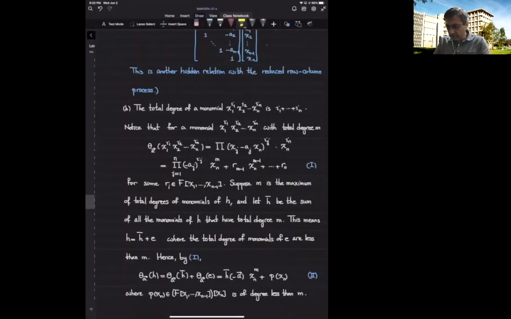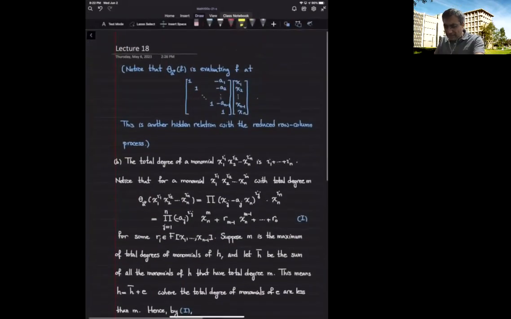So I leave that part for you to check. And again, it is important to notice that theta of a of f is essentially evaluating f at this. So I'm applying this upper triangular matrix to x1 through xn and then plugging it into f. This is another hidden relation with the reduced row column process.